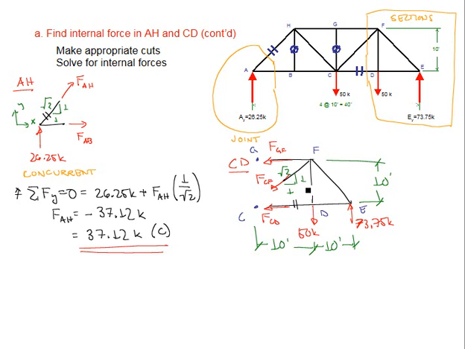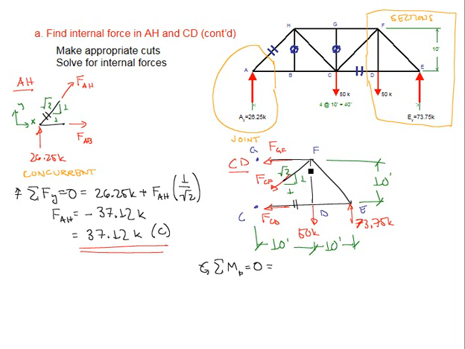time. In this case, we will go to our most powerful equation of equilibrium, that being the sum of the moments. If we can find a point where two of our unknowns intersect, in this case joint F, summing moments about that point, neither of these two, that being FCF and FGF, the force in those two members, their lines of action pass through that point, meaning they have no moment about that point.